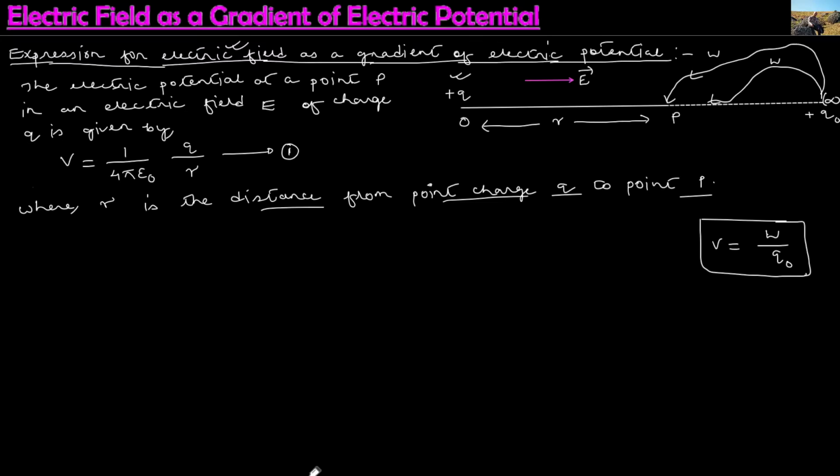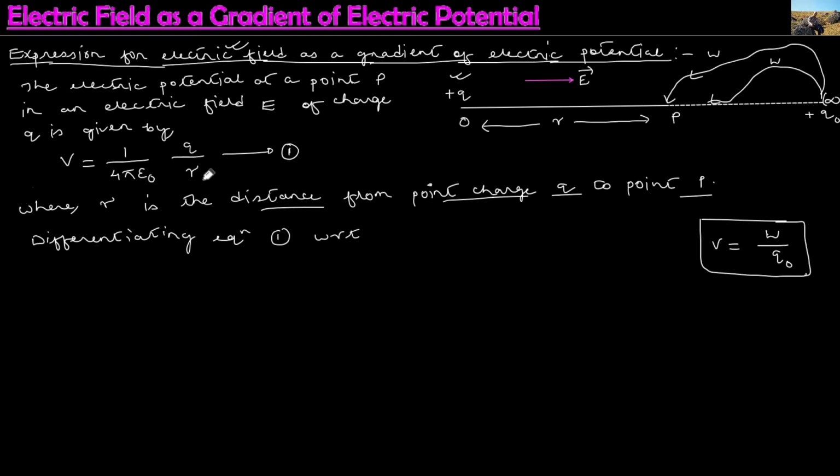Let us take one logical step, and that is by differentiating equation 1. But when we differentiate equations, keep in mind that we have to differentiate with respect to some variable.